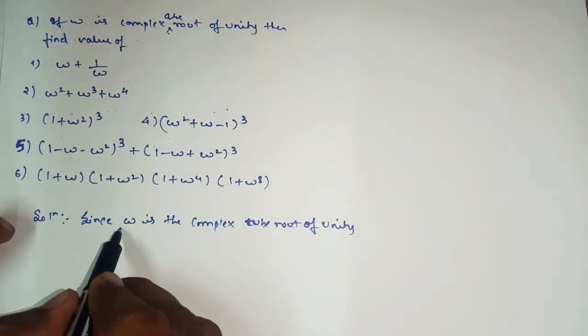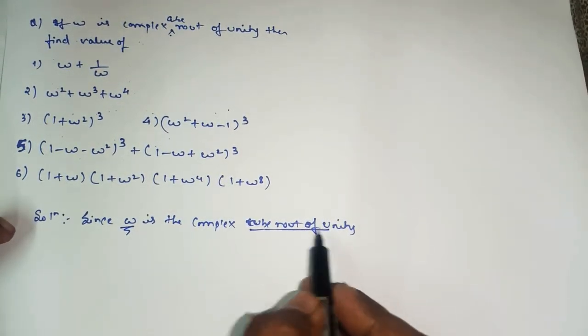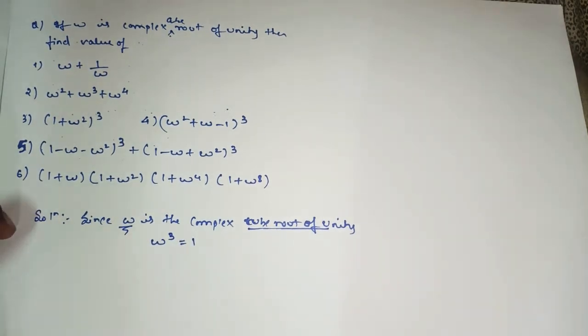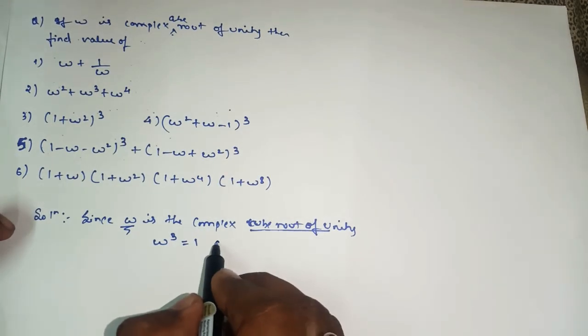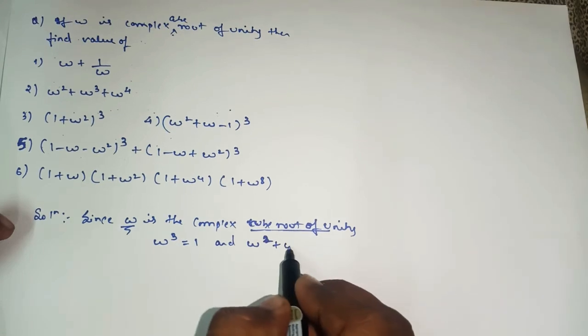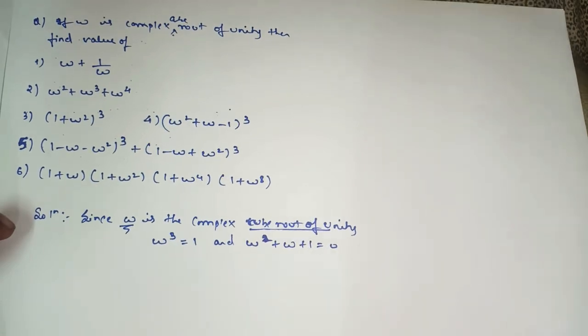Therefore, what do you mean by omega is the complex cube root of unity? It means w cube equals 1, yes or no? And we also know that w square plus w plus 1 will be equal to what? 0.